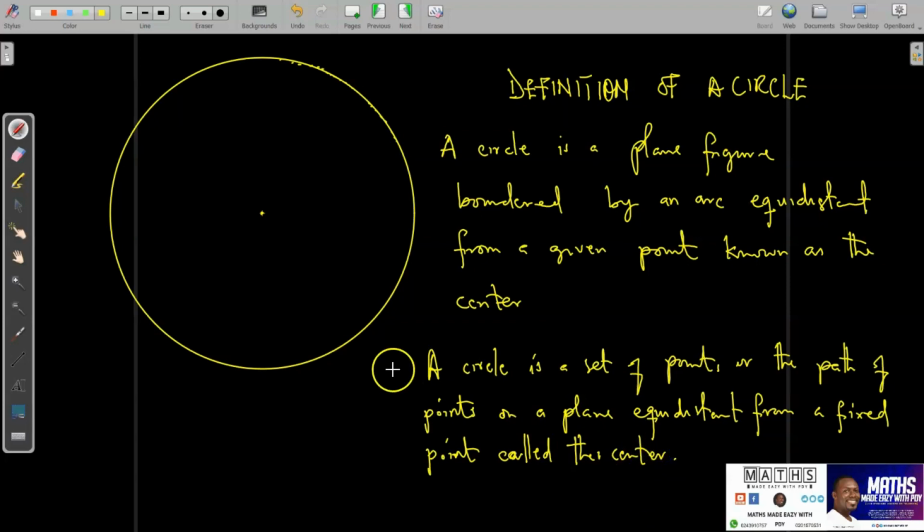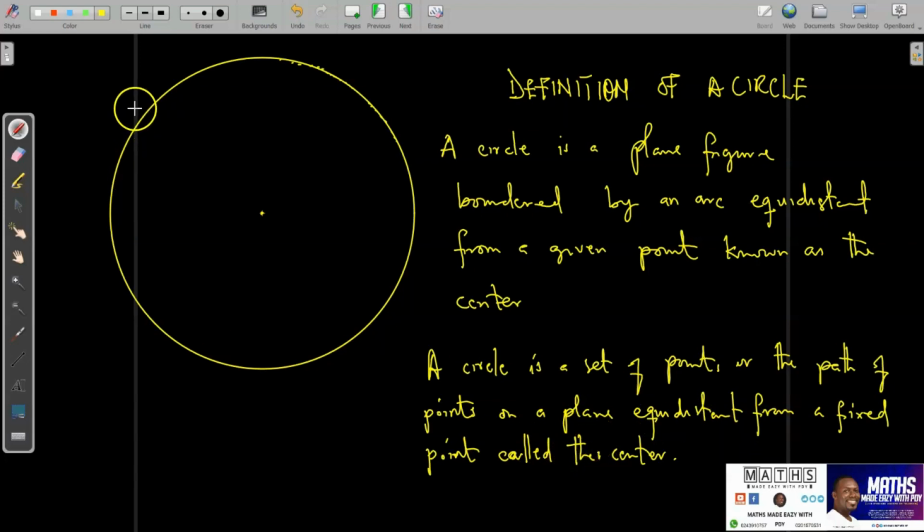Please, are you clear with me? So that is how you can define a circle. Either it's a plane figure bounded by an arc equidistant from a given point known as the center, or you can also define it as a set of points or the path of points on a plane equidistant from a fixed point called the center.